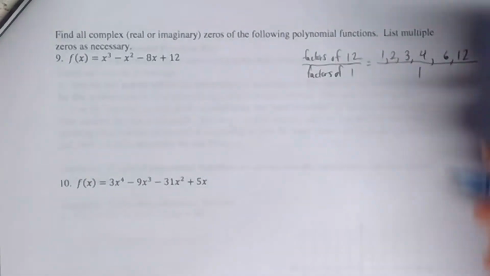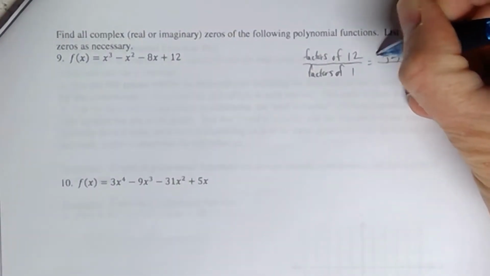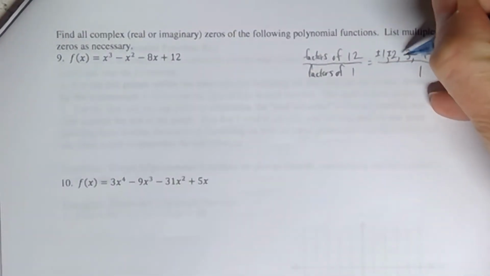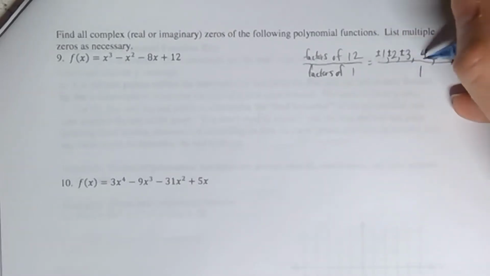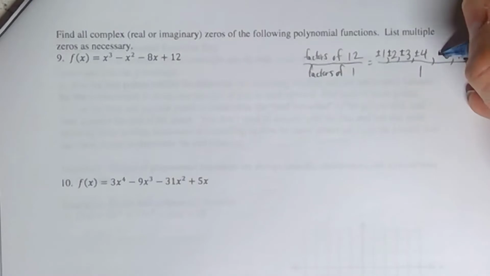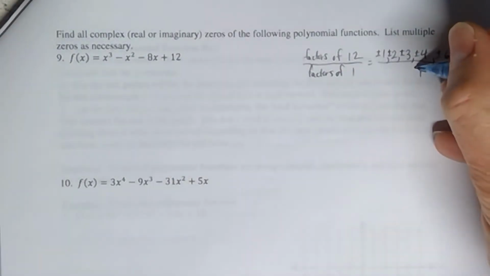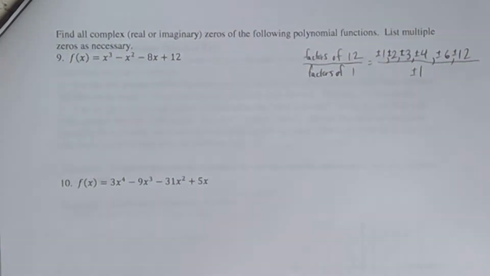You also need to consider positive and negative of each one of these numbers that we have. So plus and minus 1, plus and minus 2, plus and minus 3, plus and minus 4, plus and minus 6, and plus and minus 12. And also plus and minus 1 down here. You have to take all different possible combinations of the numbers on the top being divided by the numbers on the bottom.